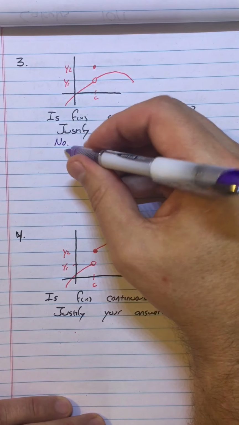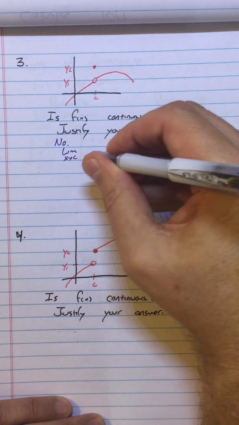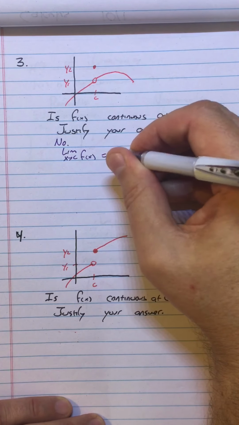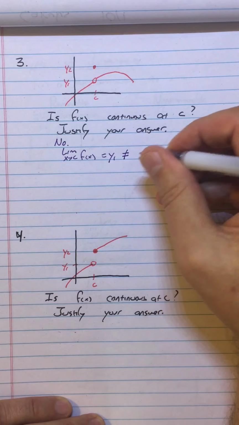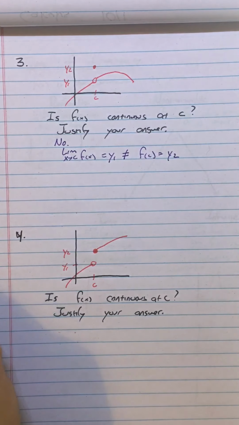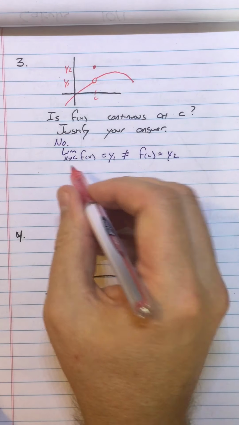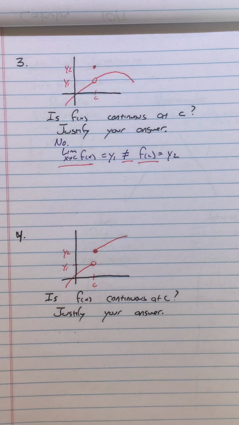So the reason is the limit as x approaches c of f of x equals y1, which is not equal to f of c, which is y2. So the key thing I need to get in there is that the limit as x approaches c does not equal the function value. And then I've correctly justified this answer.